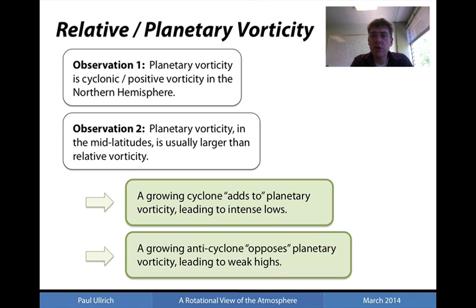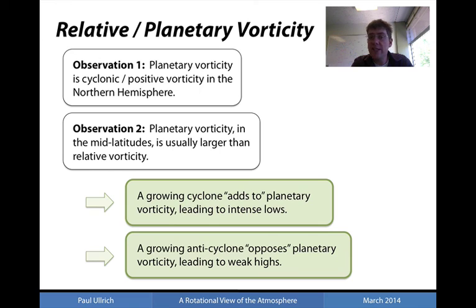In particular, observe that planetary vorticity is typically cyclonic or associated with positive vorticity in the northern hemisphere, and that planetary vorticity in the mid-latitudes is usually much larger than relative vorticity.